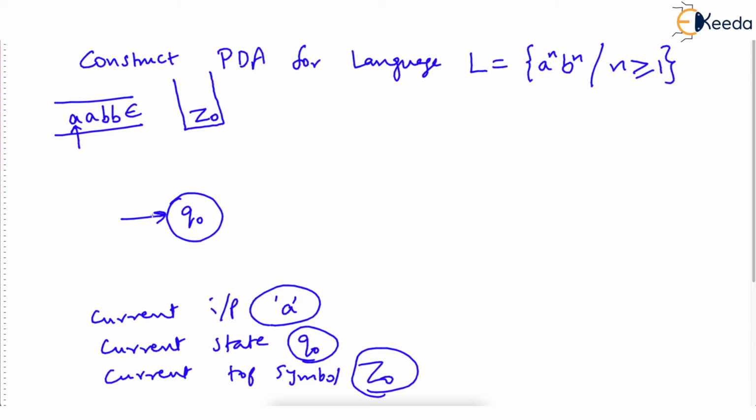And this is shown in our configuration as we say Q0 is reading A, and at that point of time, top is Z0. We write this as Q0 is reading A and top is Z0. All three things have appeared here: current state, current input, and current top.